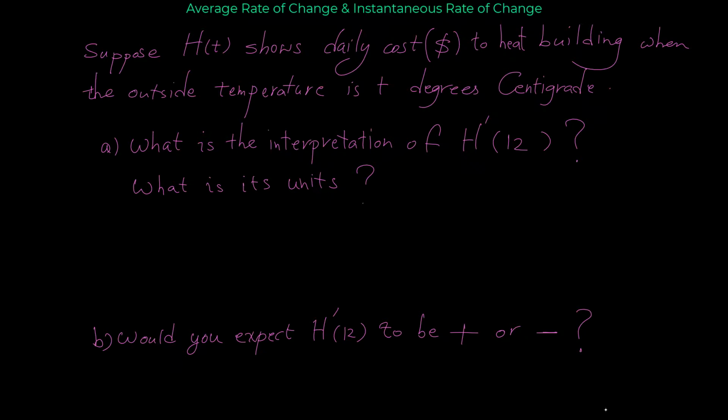So what is finally the interpretation of h prime of 12? We can say the interpretation like this: h prime of 12 shows rate of change. We know that the derivative is rate of change.